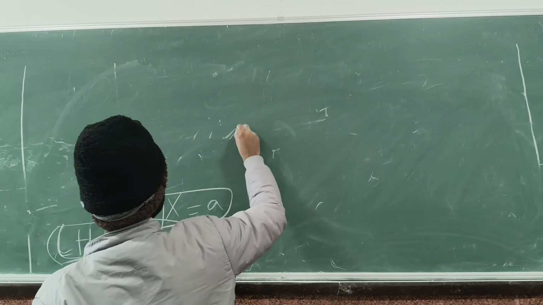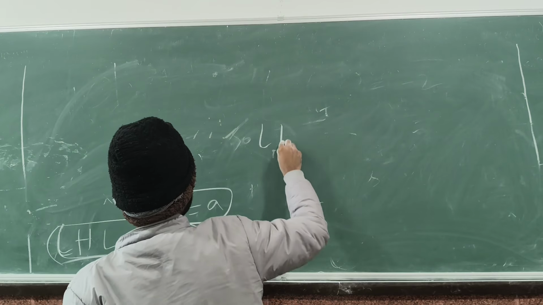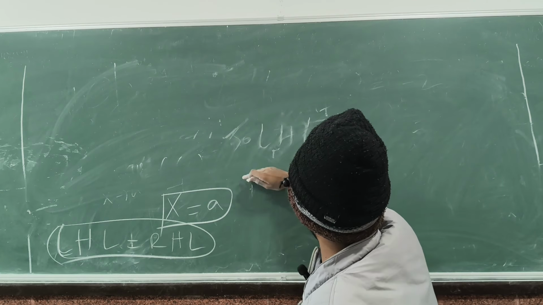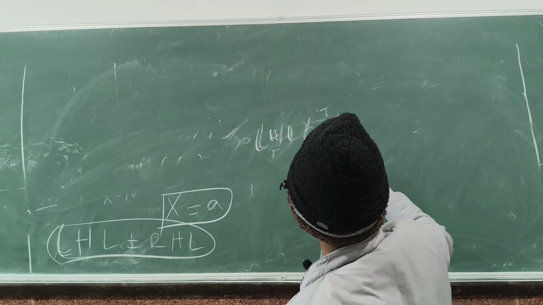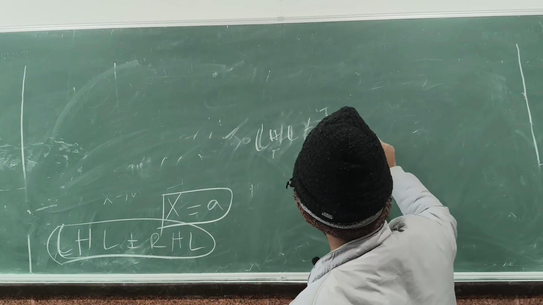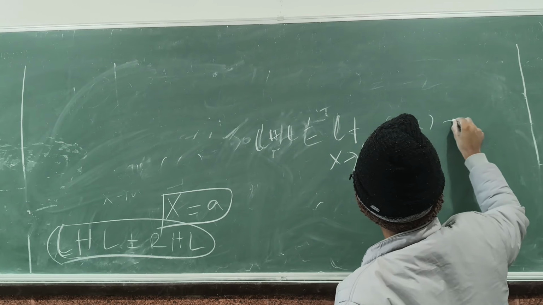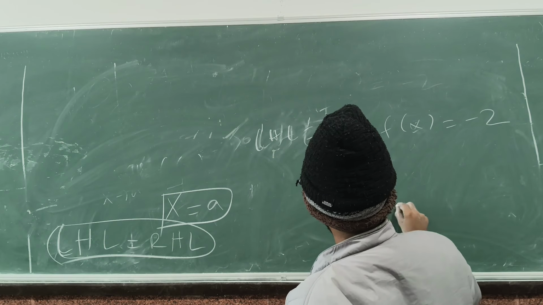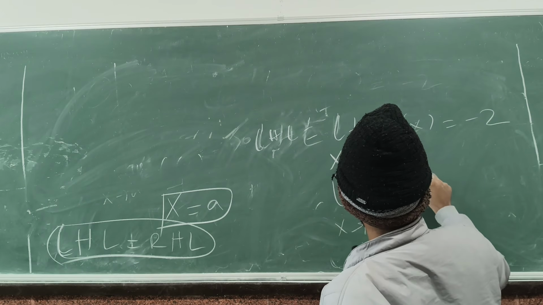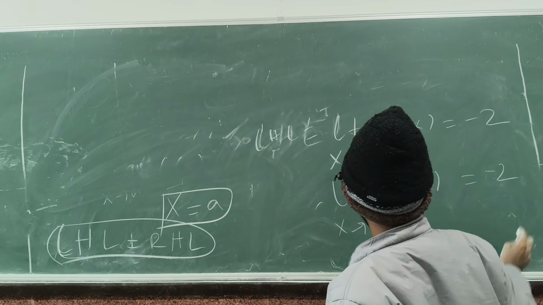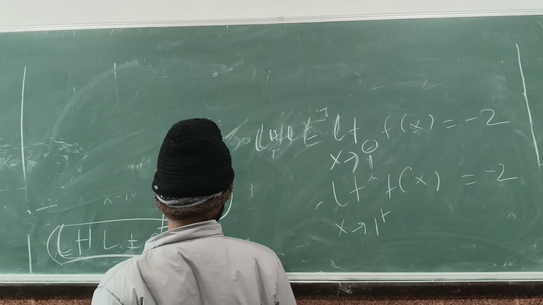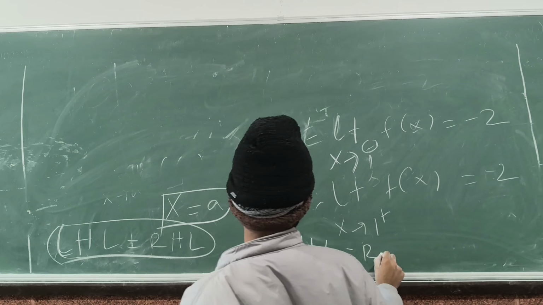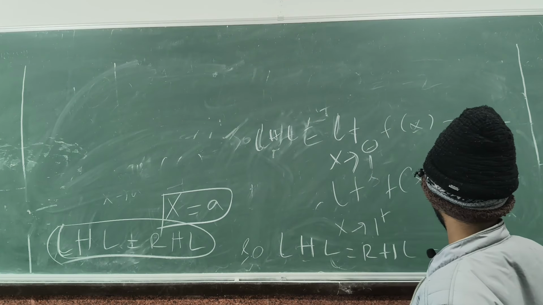So in the before example we got left hand limit, x tends to 1 minus f of x, equals minus 2, and right hand limit, f of x equals minus 2. So LHL equals RHL equals minus 2.